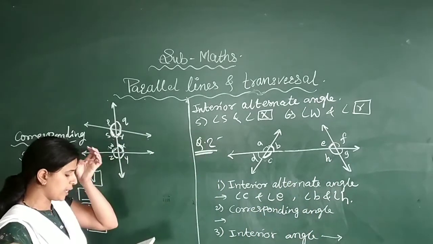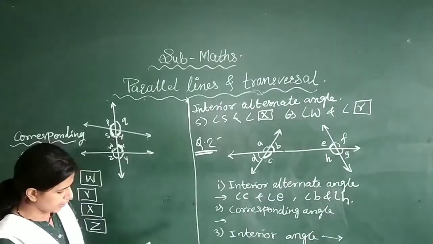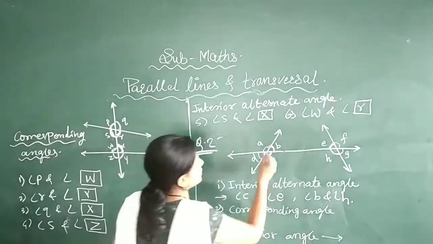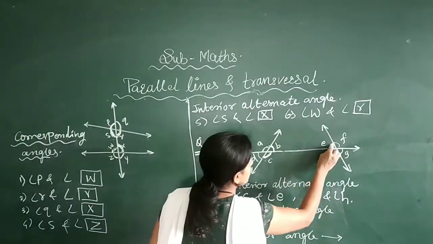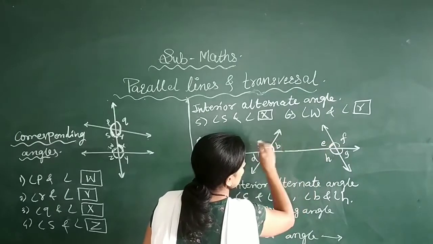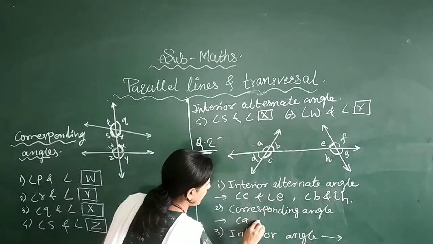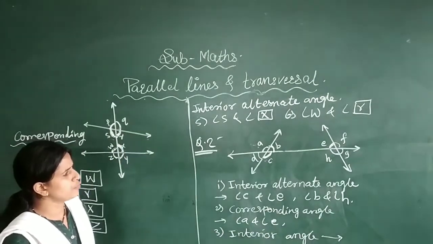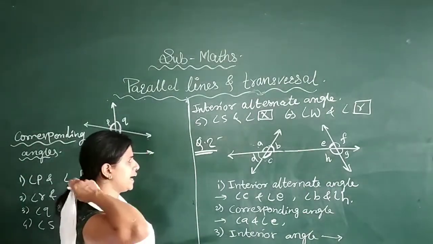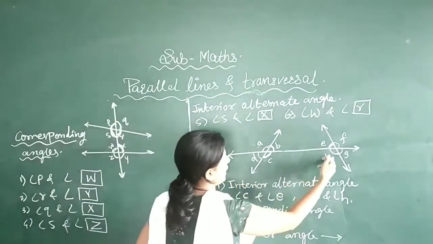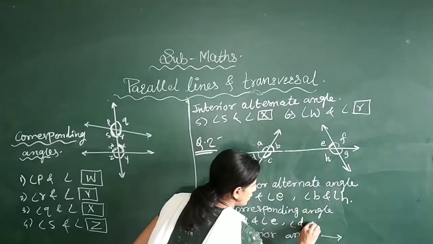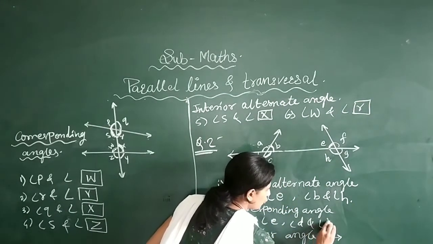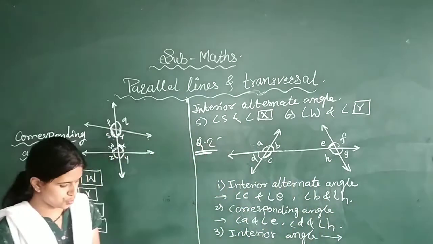Now corresponding angles. Which are the corresponding angles? There are four corresponding angle pairs. A and E, this A and this E, are two corresponding angles. So write down angle A and angle E. You can write it down yourself, whatever you like. D and H is there. You may write four, you may write two also, no issues.